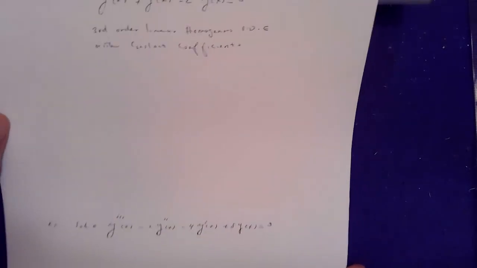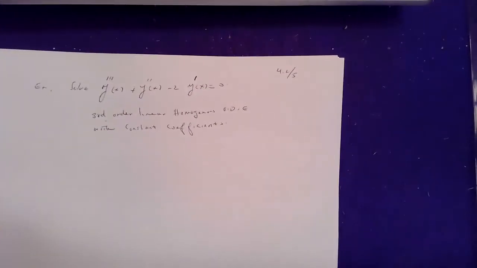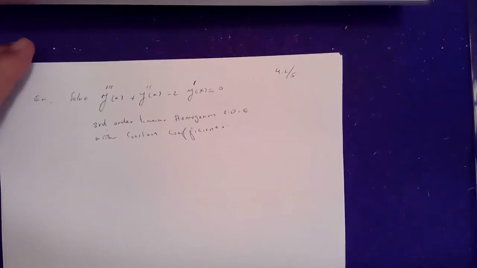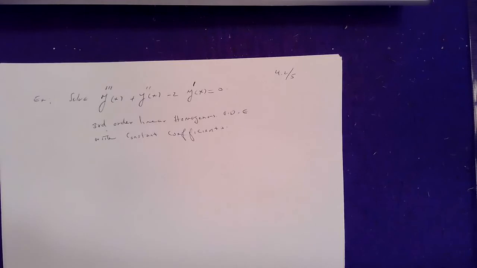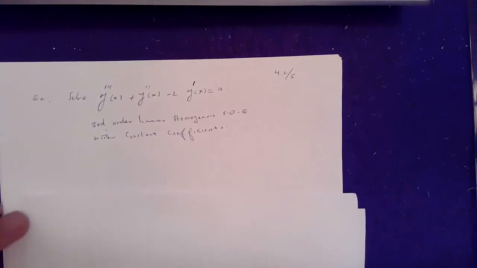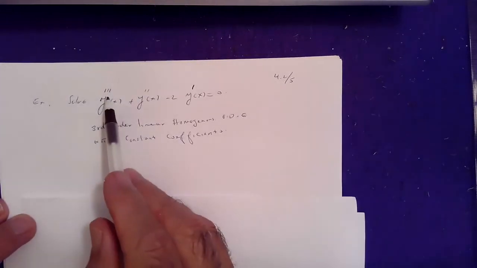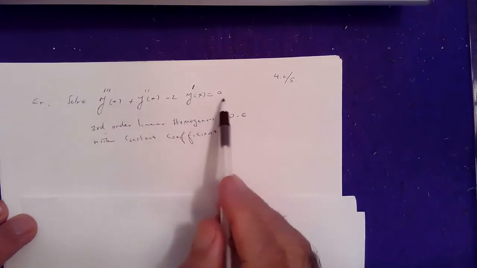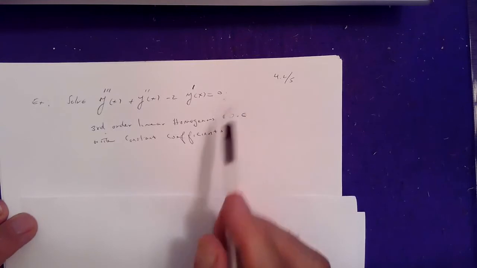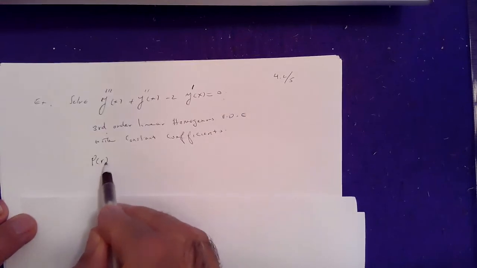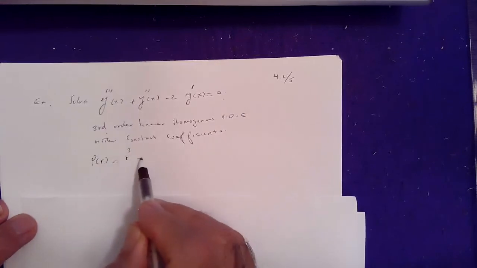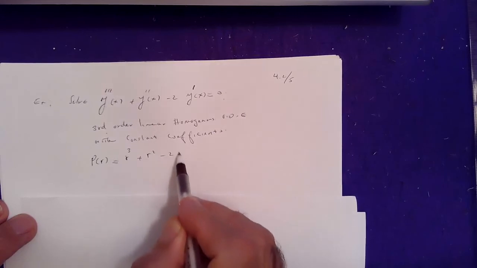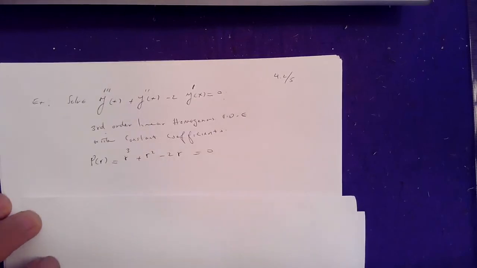Sometimes the order of the differential equation exceeds 2, which is fine. For instance, you have y triple prime plus y double prime minus 2y prime equals 0, correct? So the auxiliary polynomial is r cubed plus r squared minus 2r equal to 0.